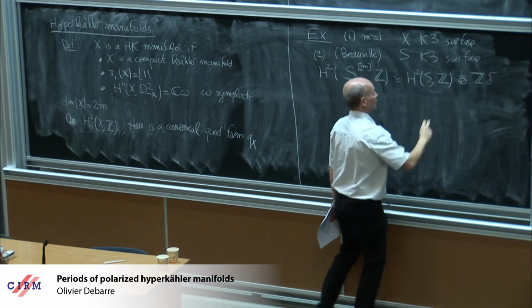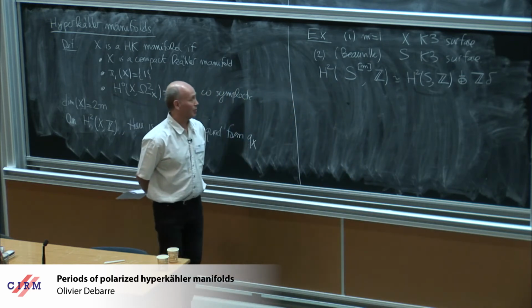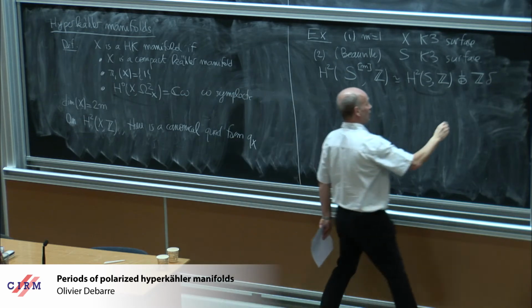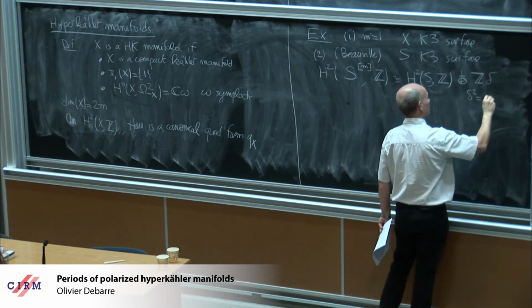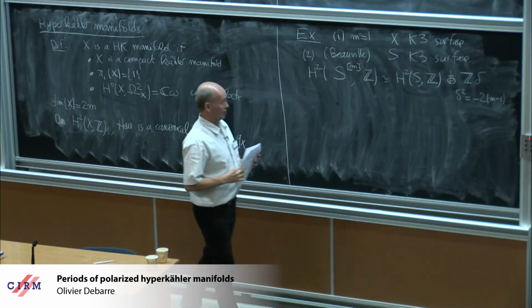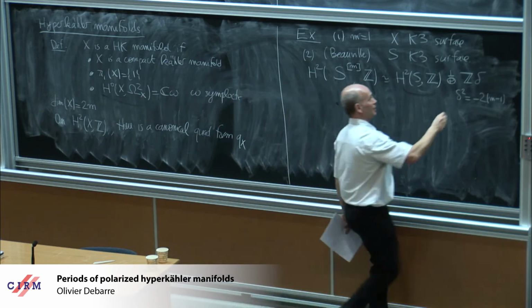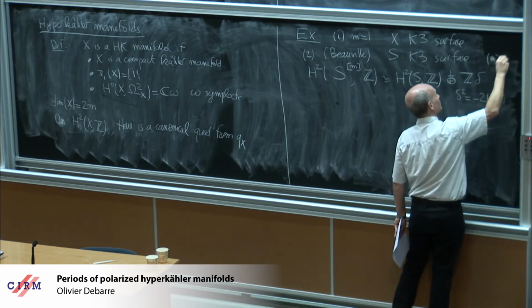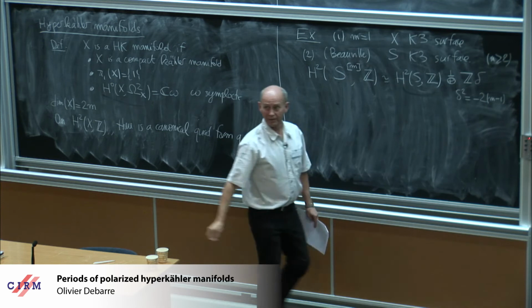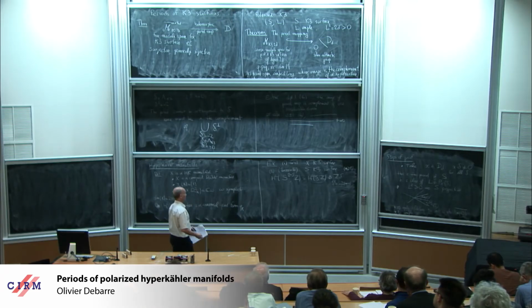Here, the restriction is just the intersection form on this. And here the square is minus 2(m minus 1). Okay? So contrary to the case of K3 surfaces, so here let's say that m is at least 2, this is not a unimodular lattice, and that introduces certain difficulties.